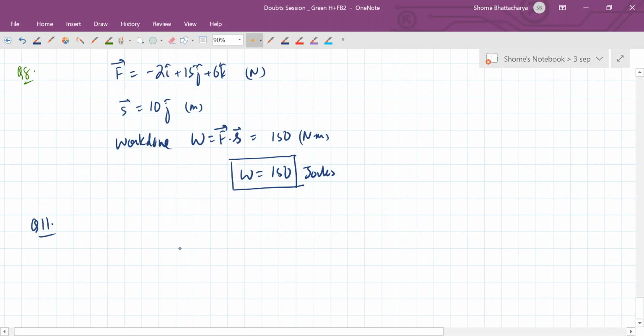So 11 is saying that a particle is moving eastward with a velocity of 5 meters per second. So let us write that as our initial velocity. Our initial velocity is 5 meters per second towards east. Okay. And after a time of 10 seconds, our final velocity becomes 5 meters per second, but now towards north.